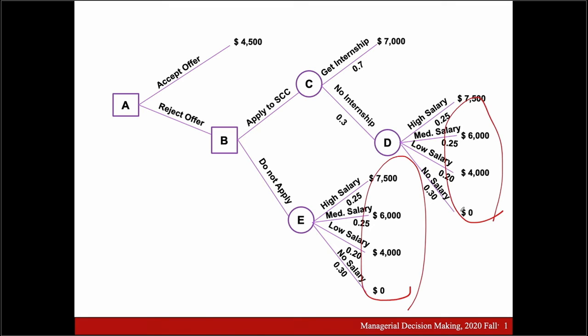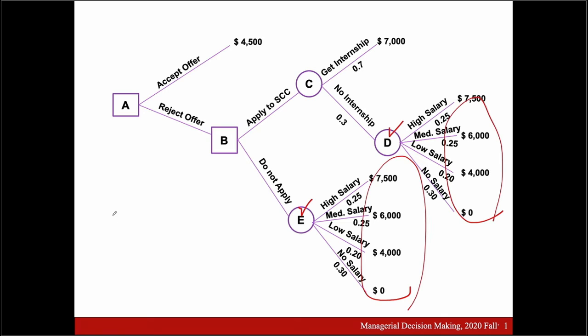When you roll back and you face event node D and event node E, actually they are identical. You have a probability and their payoff, then you have to compute the expected value.